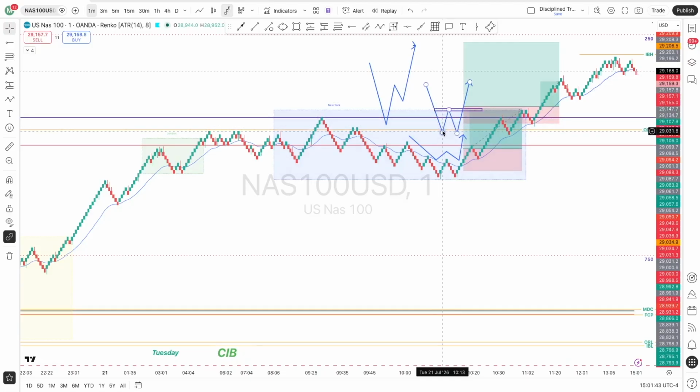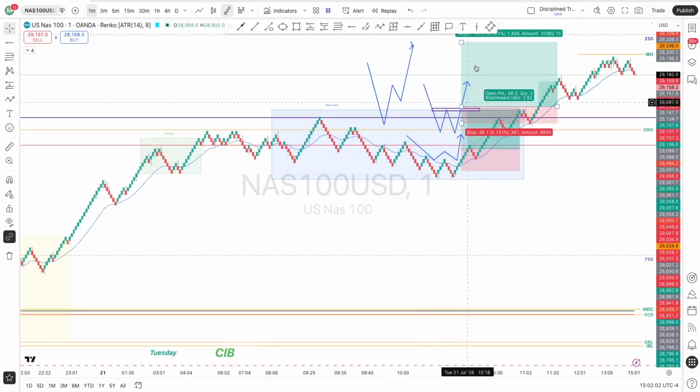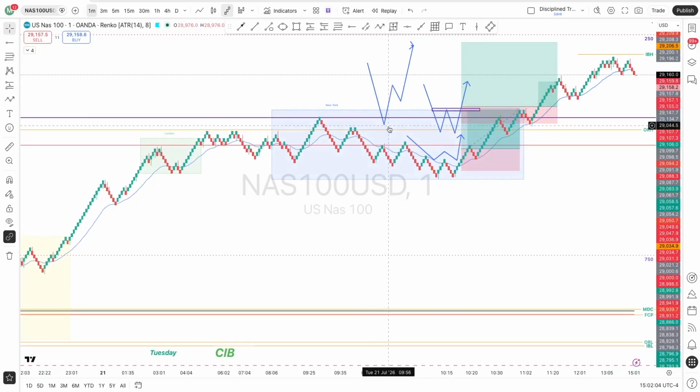Price dumps, pumps, dumps, pumps up, break of structure, if you want to look at price action for your indication to buy it up. Stops below. V bottom, still W bottom. It's the same exact thing.